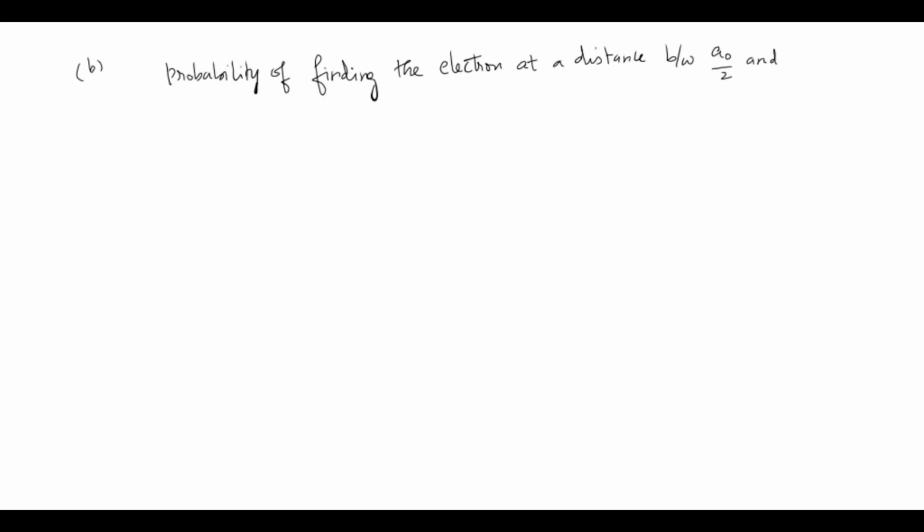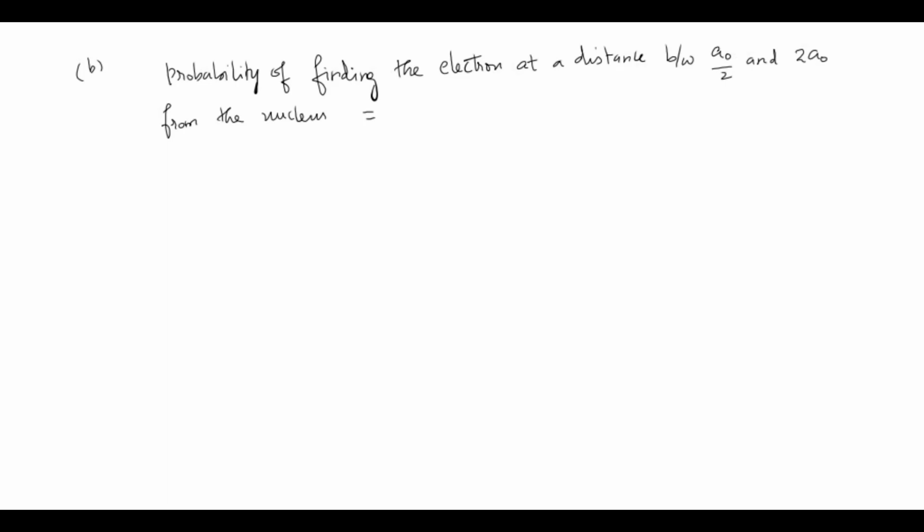So the probability now becomes, so this is the probability of finding the electron at a distance between a naught by 2 and 2 a naught from the nucleus, is equal to, so this integration we have to solve.